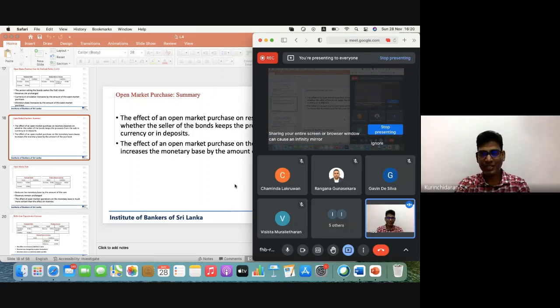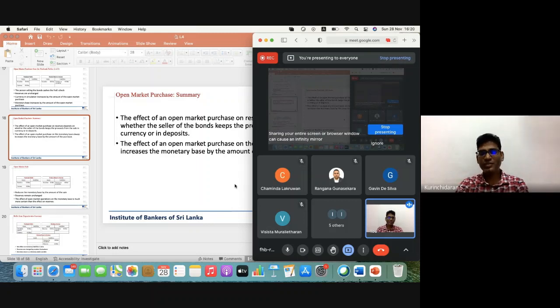So in simple language, if central bank wants to increase or decrease the money supply, they have so many tools to do that. Why does central bank need to change the money supply? Because central bank's objective is to maintain price stability.